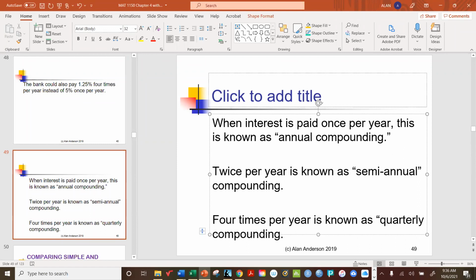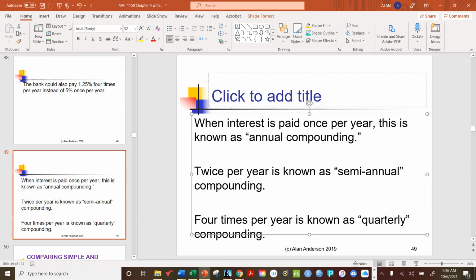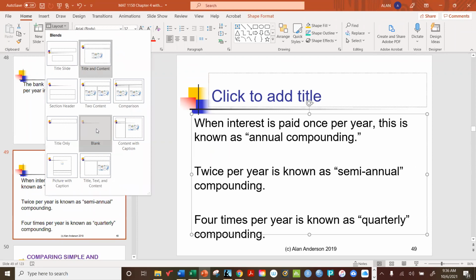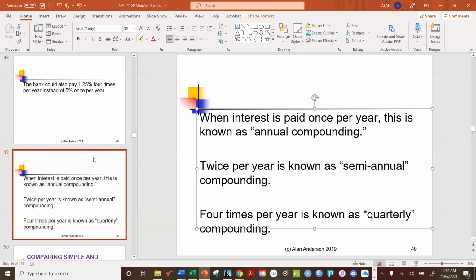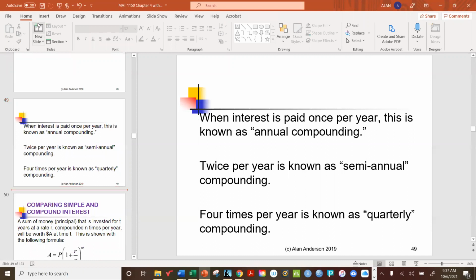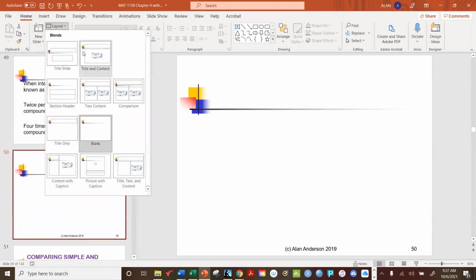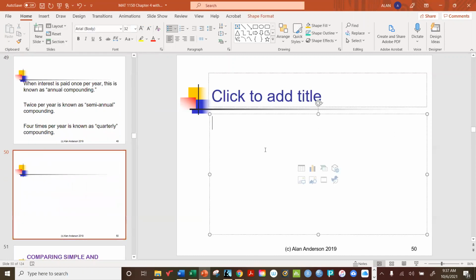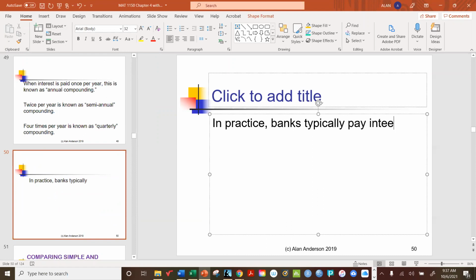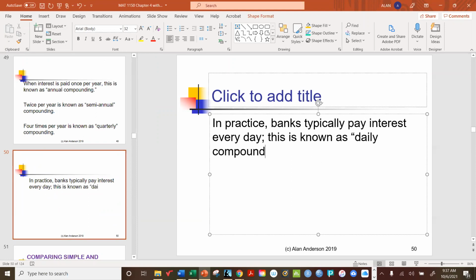And we can go all the way up to daily. Okay, so in other words, there's nothing to stop the bank from giving us a sliver of interest every single day. Now, interestingly enough, it turns out that in practice, if you go to a bank, like right now, when the class is over, go to a bank and ask them, and they'll tell you, in practice, banks typically pay interest every day. This is known as daily compounding.